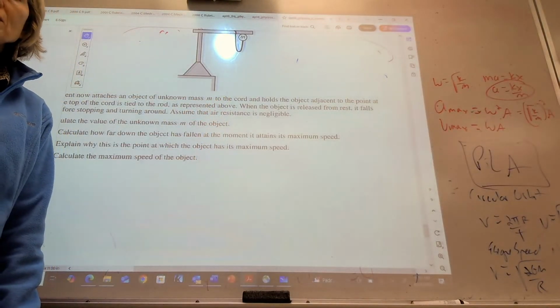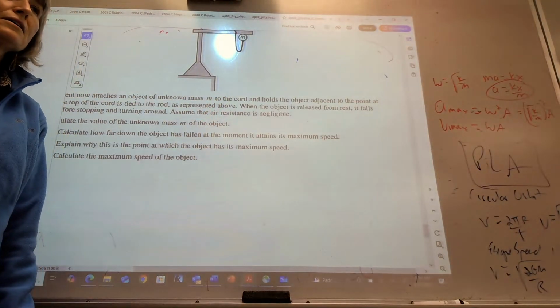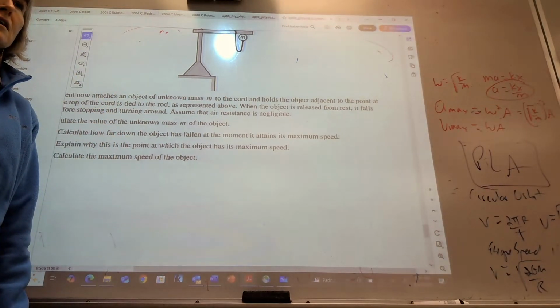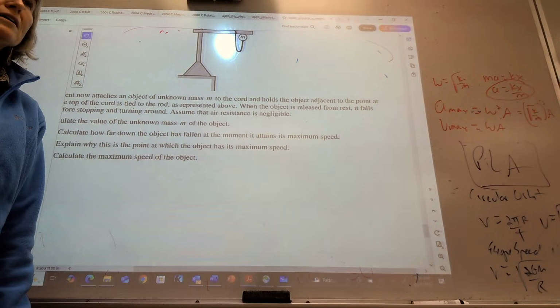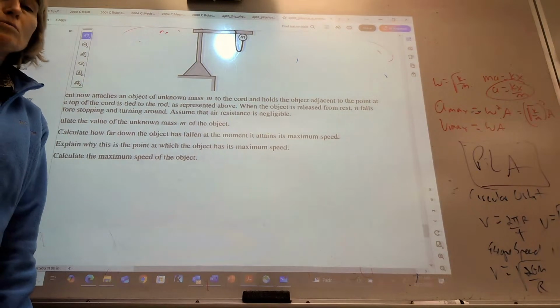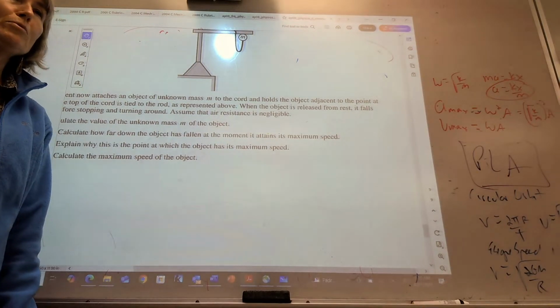Can anyone tell me, when does the spring start to pull back? It starts to pull back before it reaches 1.5, right? At what point does it pull back? If it weren't pulling back already, it wouldn't stop at 1.5.